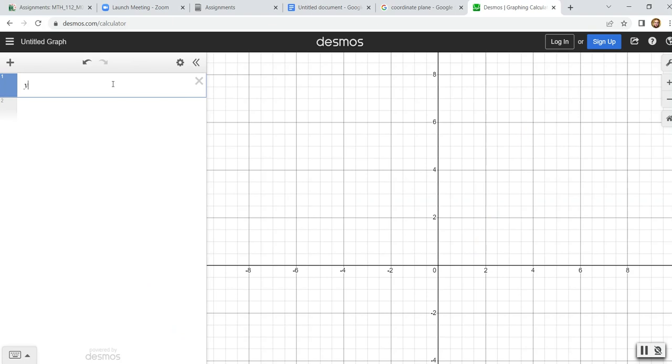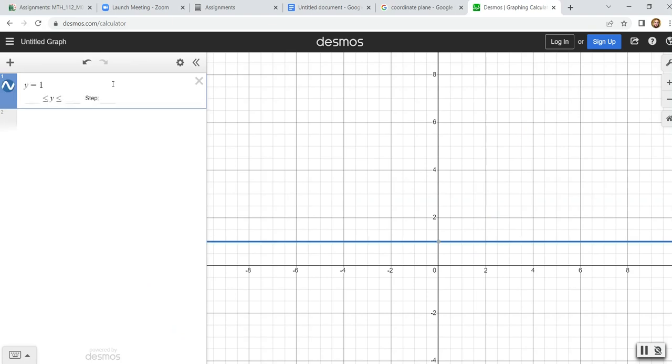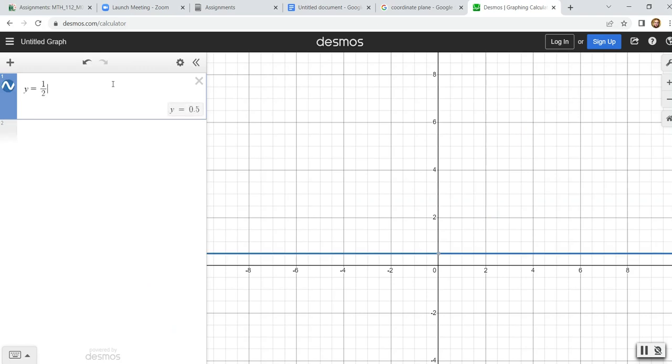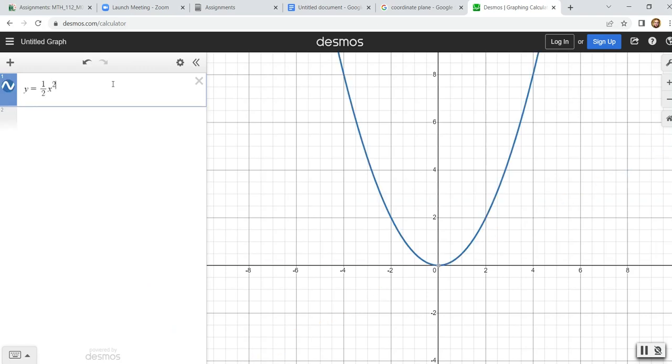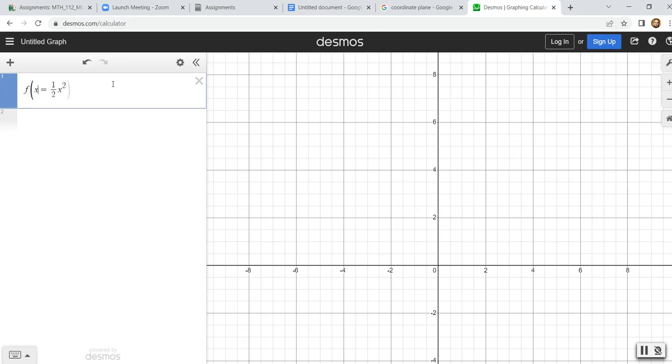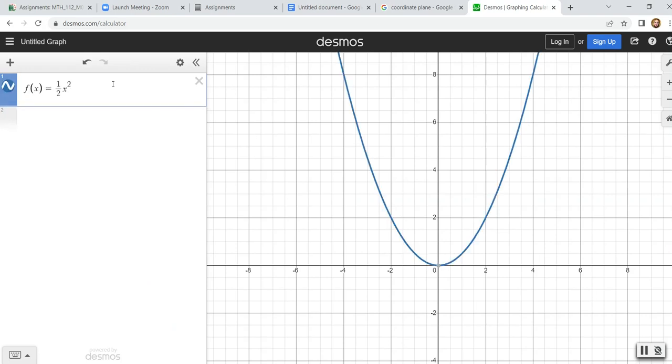Okay, so we have y equals 1/2 x to the second. Now, we will learn how to graph these, but I want you just right now to know that when you have y to the first and x to the second, and by the way, watch what happens if I replace that y with f of x. It's the same thing. Y and f of x are interchangeable.